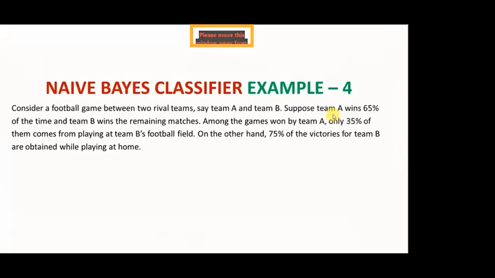See, overall, A has won 65% of the time, but among them, 35% of the time they have won in the football field of team B. On the other hand, 75% of the victories of team B are obtained while playing at home. So you can observe here, team B has won 75% of the games played in its own field. So this is the given data.